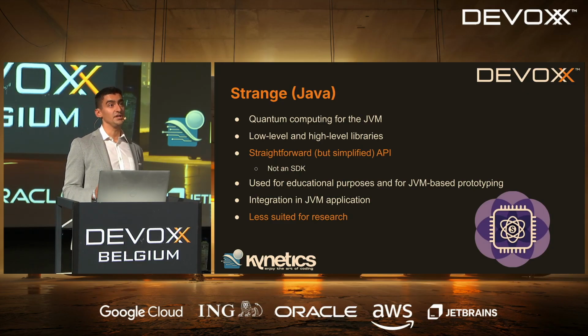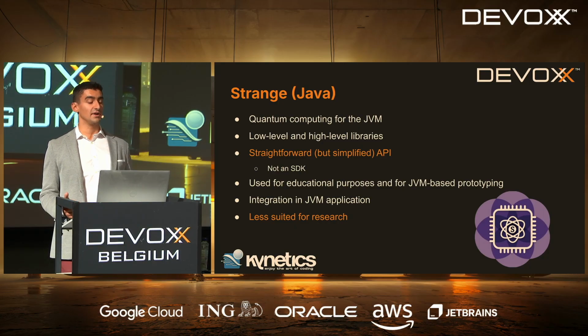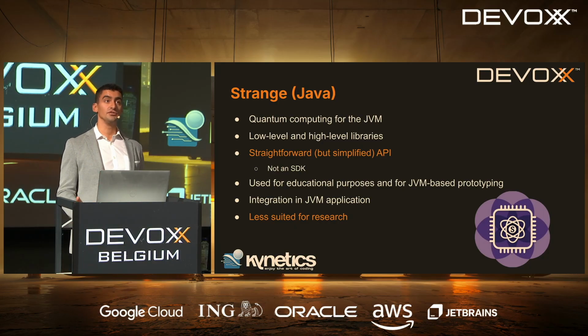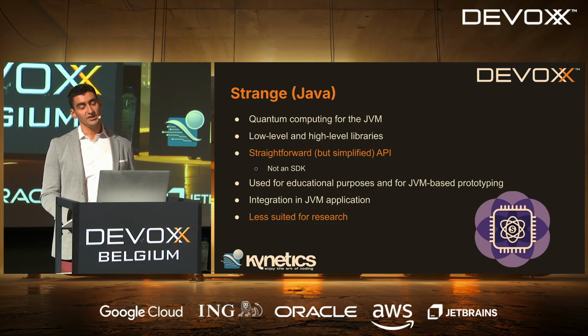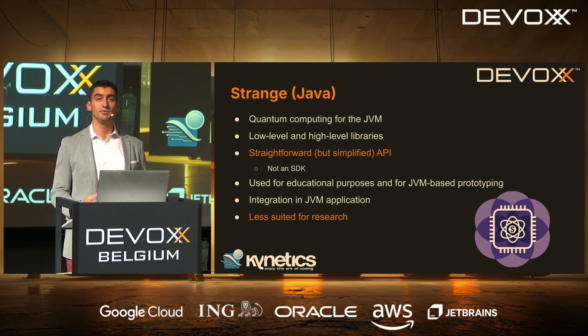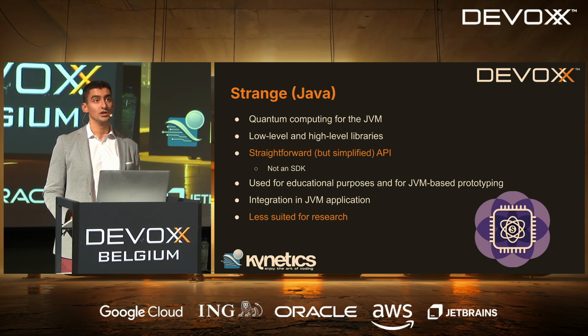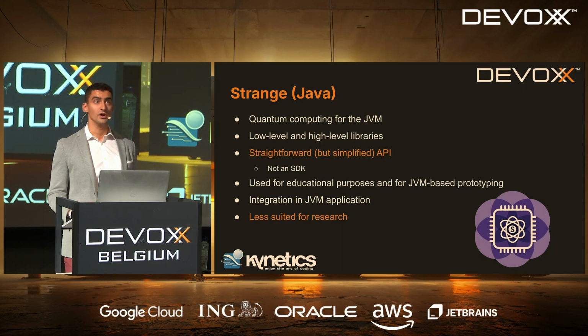This might very well be what we are called to do in the future. We can just have a few quantum algorithms implemented by someone else, and we can just use them to build our applications. Or there is also a low-level library, which gets us to manipulate the single qubits to implement a quantum algorithm. We'll use the low level just to show how manipulating qubits looks like in Strange.